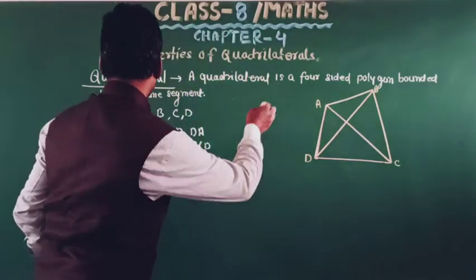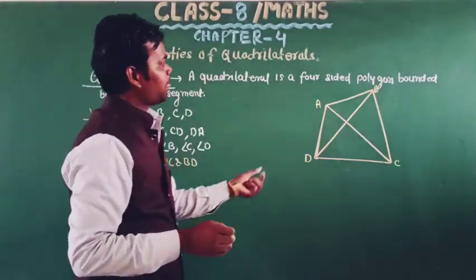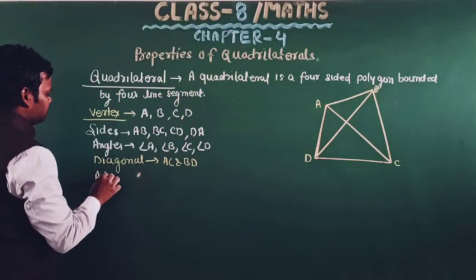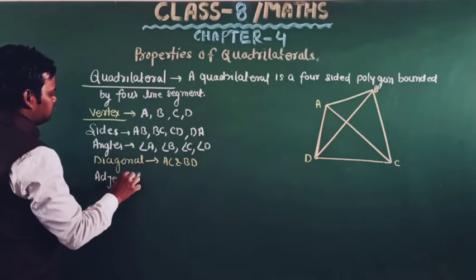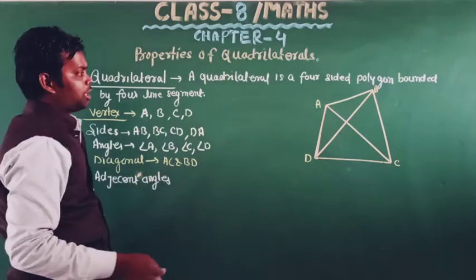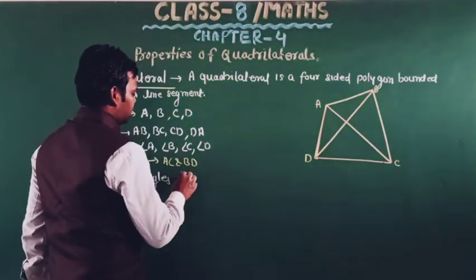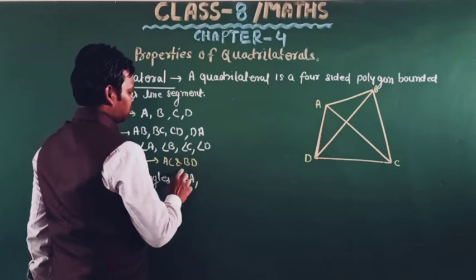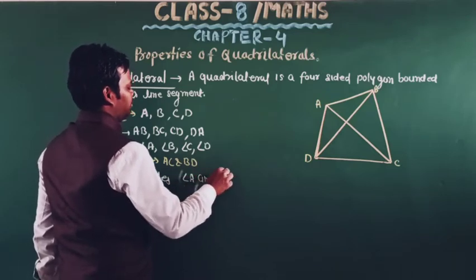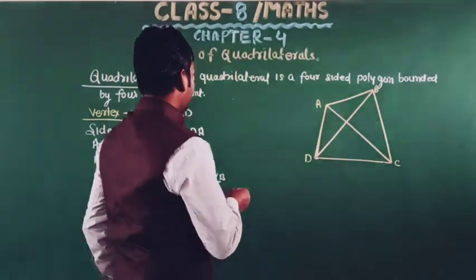So first start with adjacent angles. A quadrilateral has pairs of adjacent angles. Here angle A and angle B are adjacent angles.